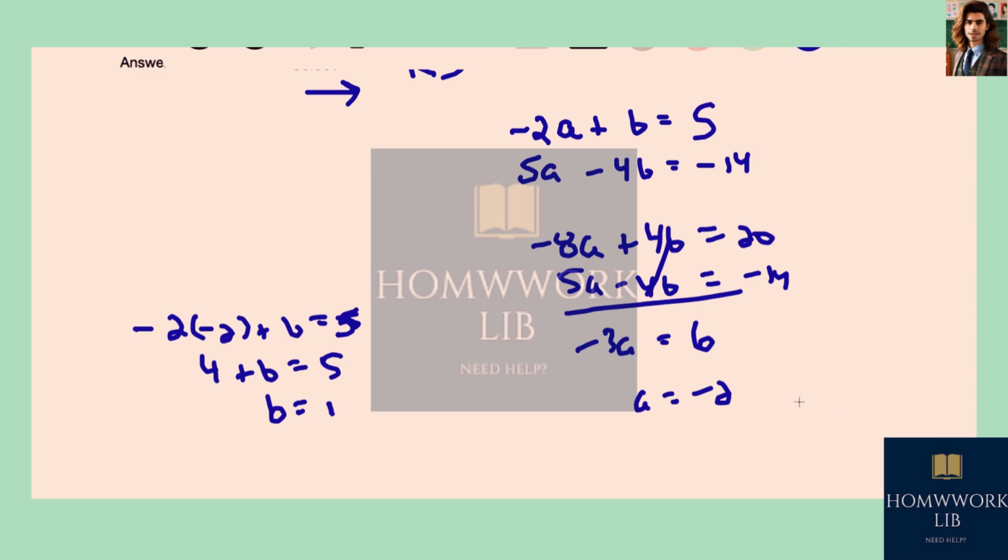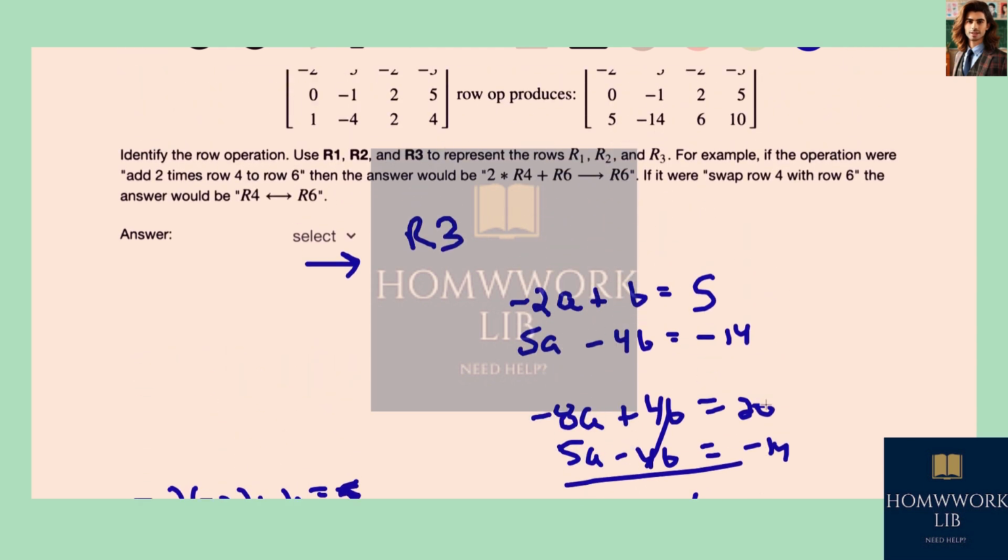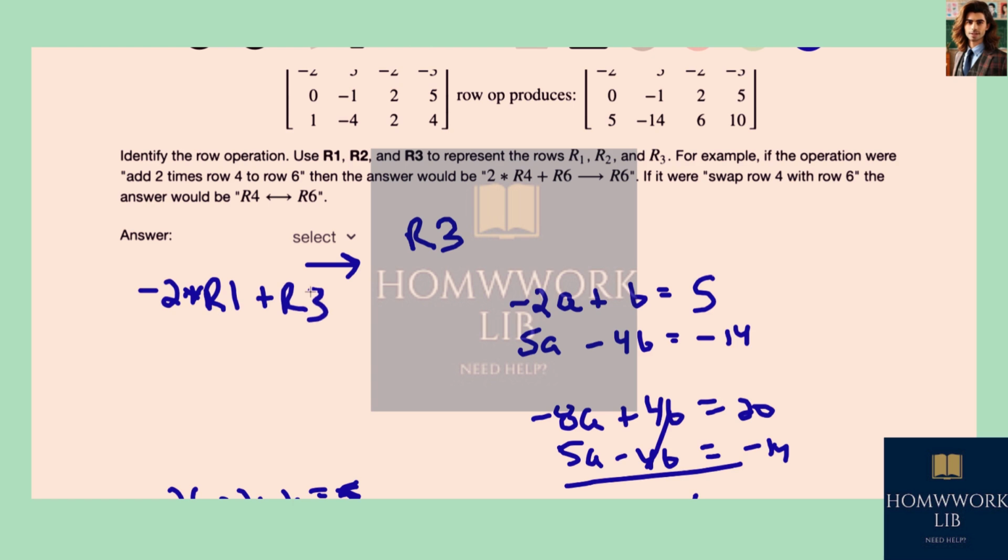So you'd multiply the first row by -2, and then add row 3 to it. Notice how this works.